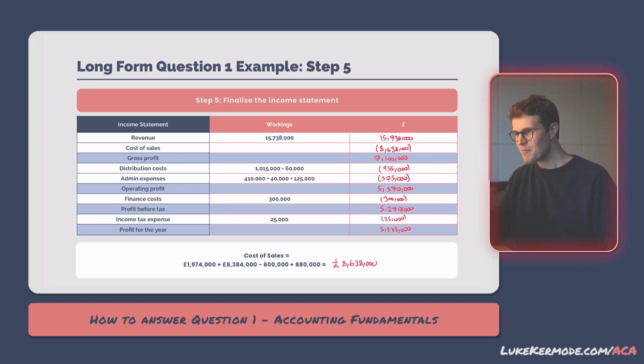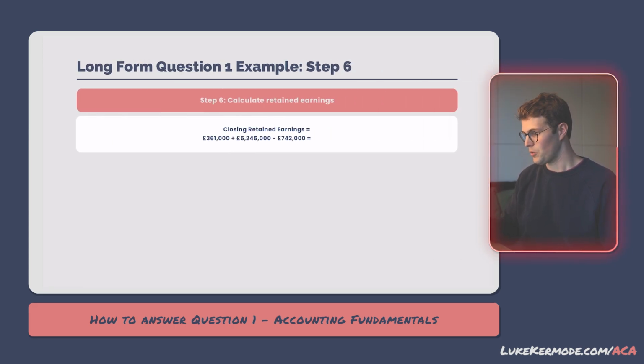That completes our income statement. We've now finalised all the figures in that financial statement. So we have our net profit, which is ready to flow through to our retained earnings calculation and our balance sheet, which we'll look at over the course of the next few steps.